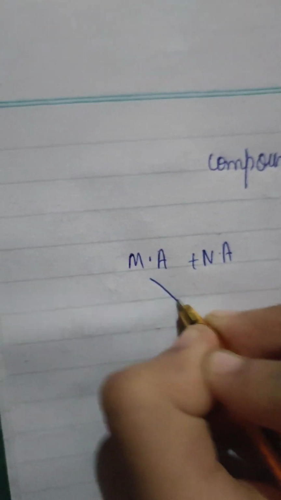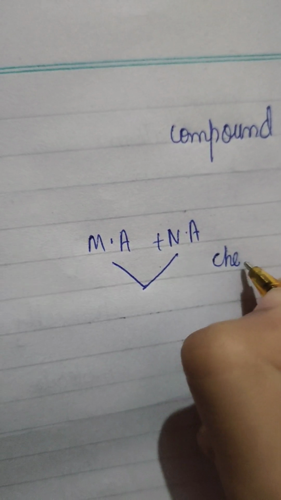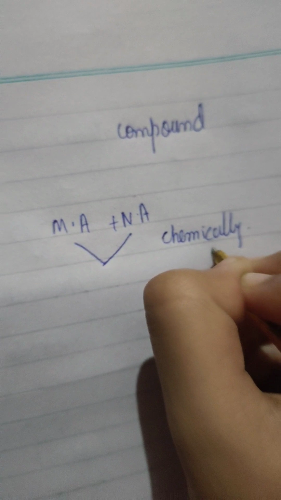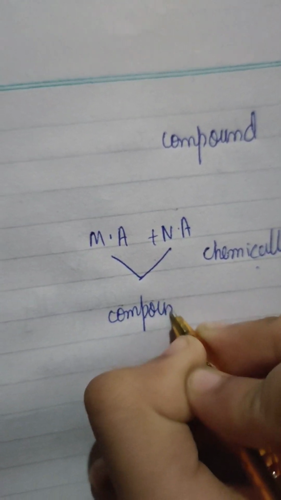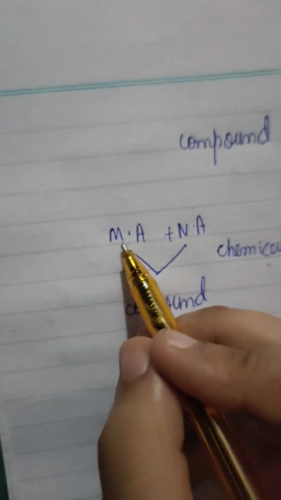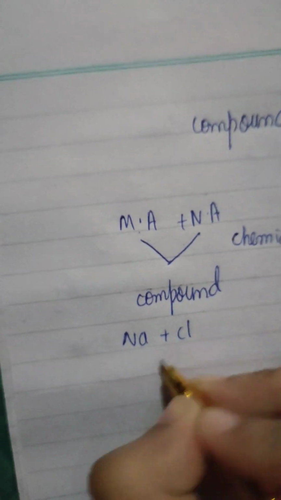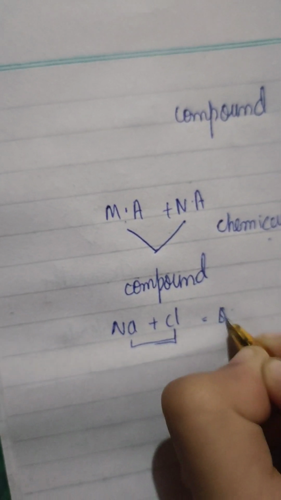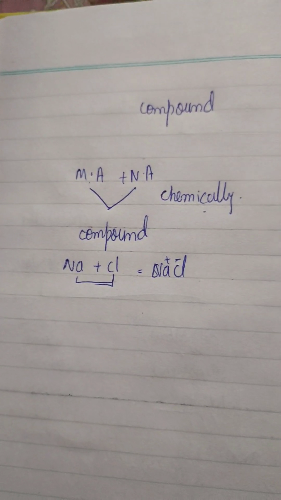When these two combine chemically, not physically, because we're talking about molecules here, they form a compound. For example, the metal sodium, Na, plus Cl. When these two combine, we have NaCl.